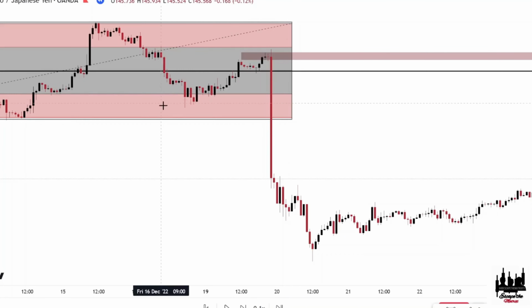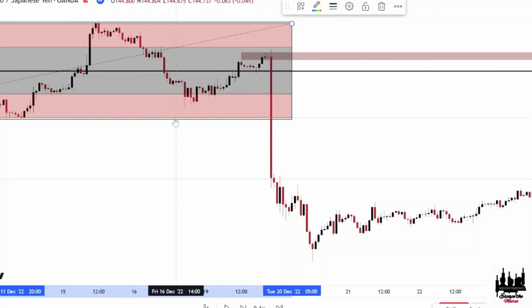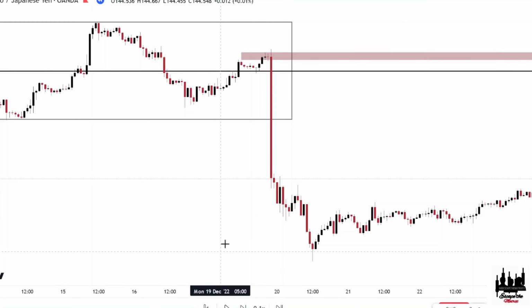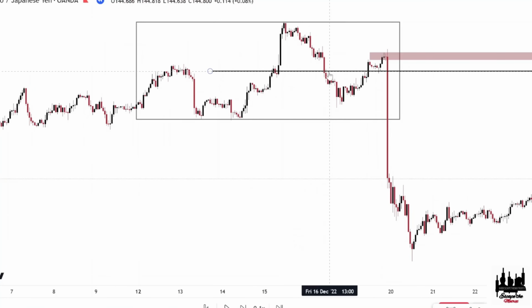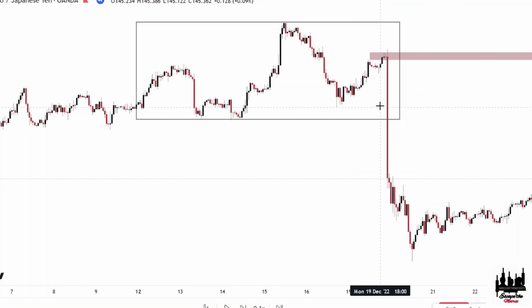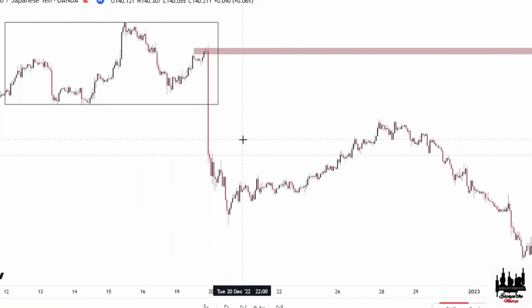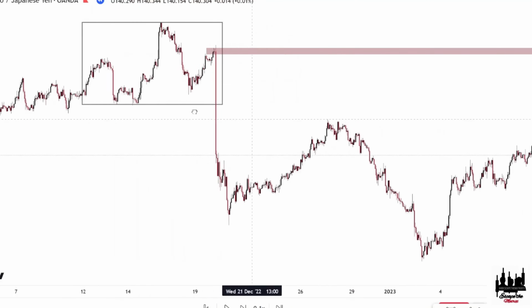So now we can remove everything, or at least we can remove the fib, and we can actually keep the base, and we can remove our fair price line since we already found our institutional candle. And let's wait for price to reach this area.